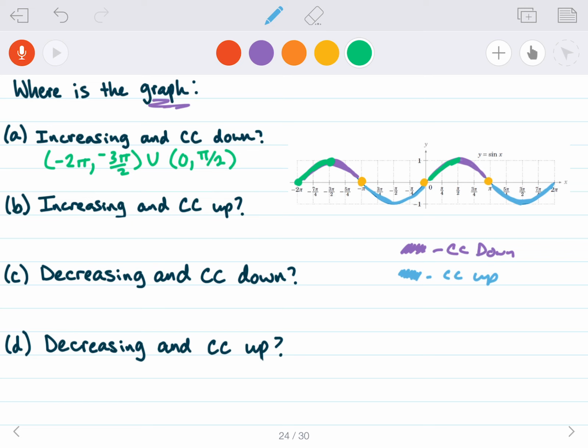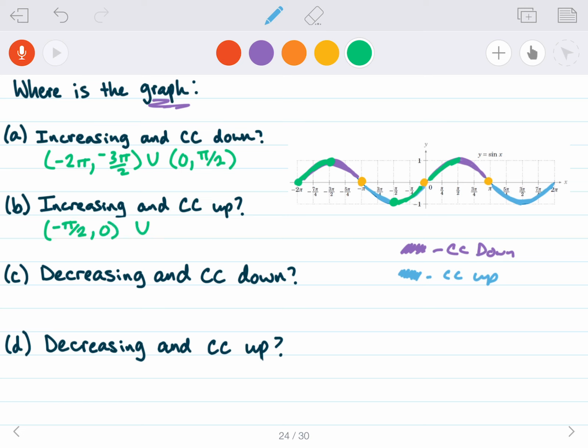Where is it increasing and concave up? Well, we're going to look at our blue portions, and the height doesn't start to increase, it looks like, until x is negative pi over 2. And then it increases all the way up till x equals 0. Right? So increasing and concave up, we're going from negative pi over 2 to 0.